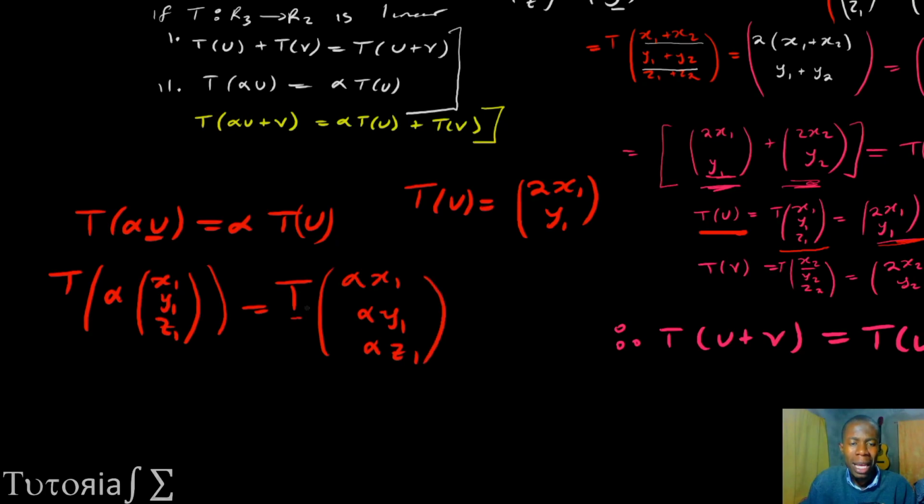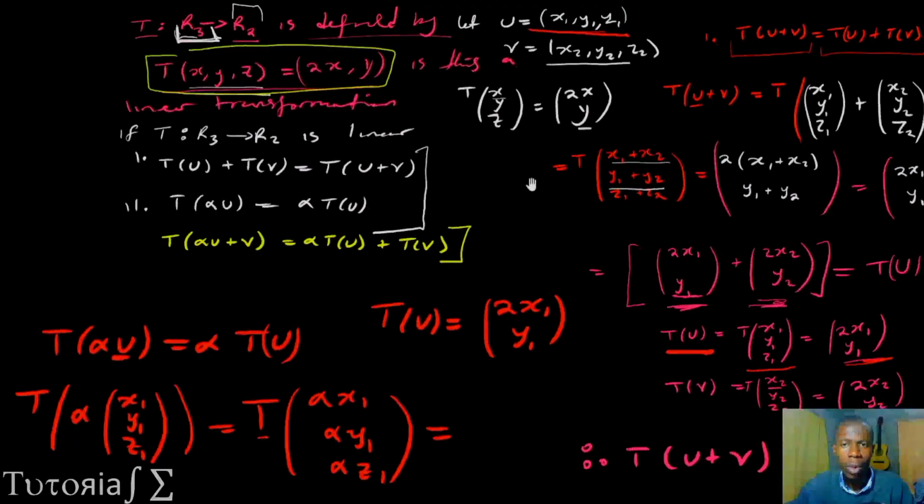And now we need to apply the definition of the transformation. So we need to transform this. So according to the definition of the transformation, which is right here, I hope you can see that, when you have vectors x1, y1, z1, or x, y, z, you just get 2 times the x part. So the x part is this. So it will be 2 times this. So basically we're going to have open brackets 2 times alpha x1. Then you get the y part.